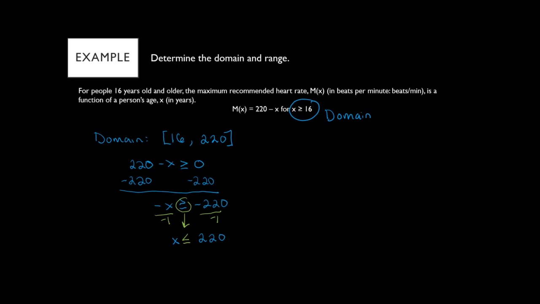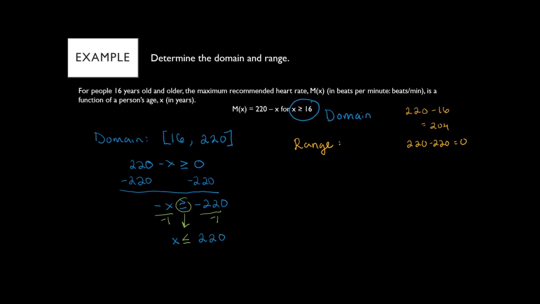So then when we do the range here, your range is based off of the domain that we plug in. The lowest point for domain is 16. If I plug that into the equation, 220 minus 16 gives me 204. And then we know if we plug 220 into the equation, that gives us 0.